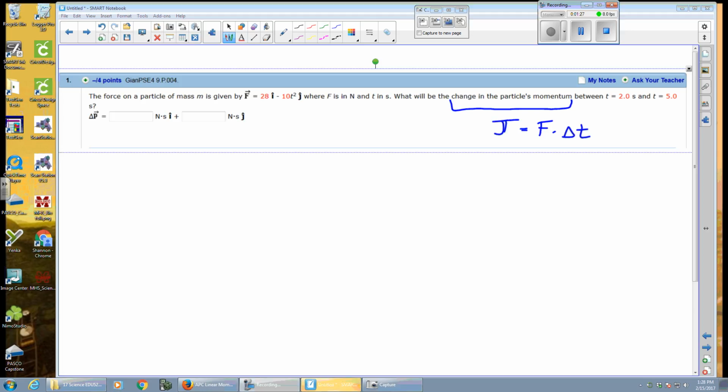So in the I case, it'd be 28 newtons times 3.0 seconds, which would give me 84 newton seconds, I think. And in the J direction, that would be -10.